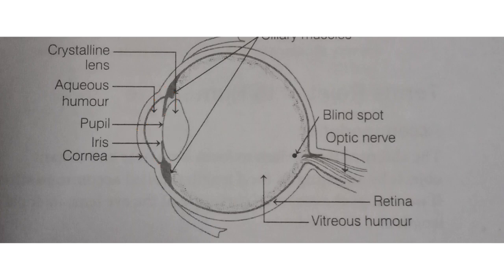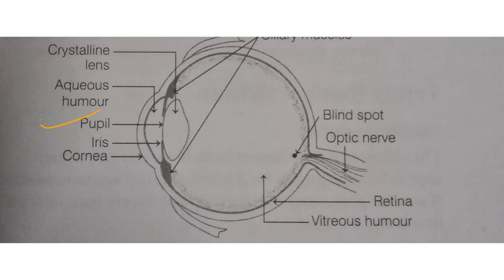Then comes the next part, iris. Now iris is a muscular type, you can say, and basically its function is to control the size of pupil. This is the pupil, and iris controls the size of pupil. Now how does it control? When we move to a brighter area, our pupil gets contracted. Now who is responsible for contracting the pupil? Iris, right? Similarly, when we move to dim light, our pupil gets expanded.